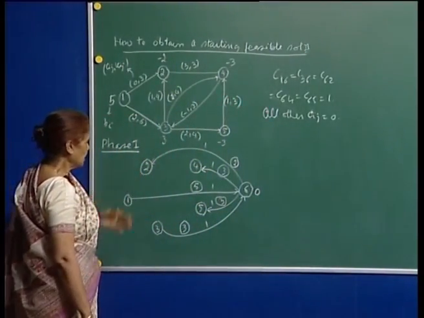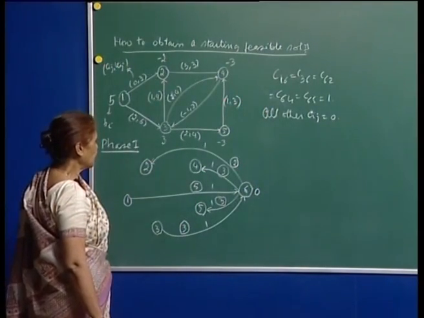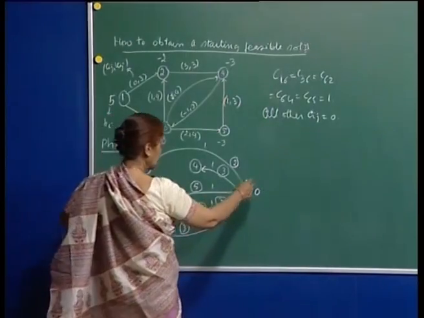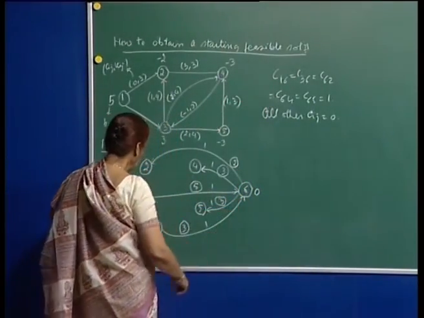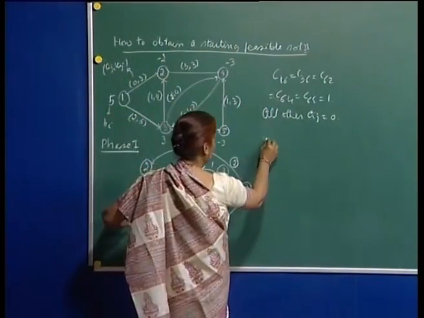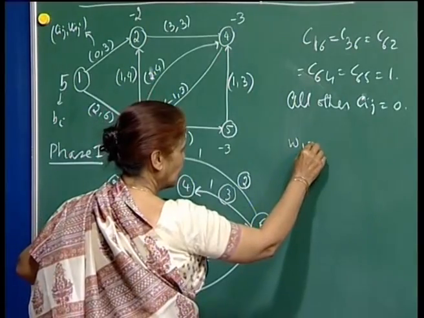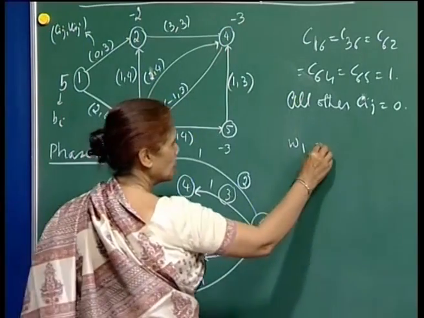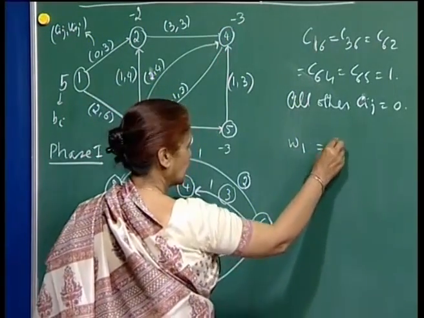Now we will compute the dual solution. You can immediately see that for an arc from a supply point, it will be W1 minus W6, which should be equal to the cost, which is 1.